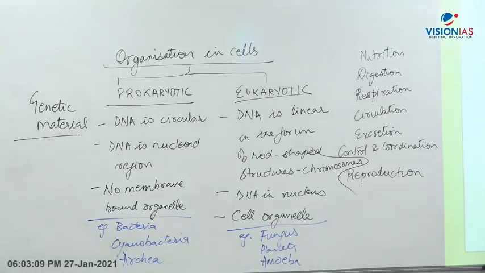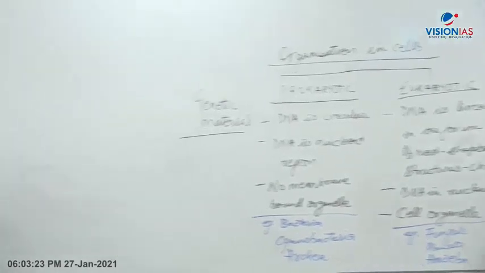Eukaryotic organisms. They have a membrane-bound nucleus and cell organelles.